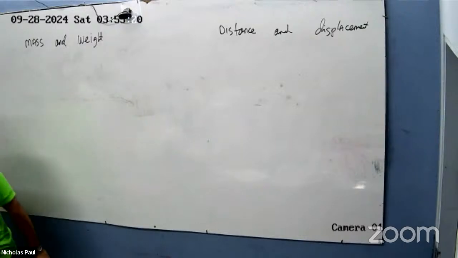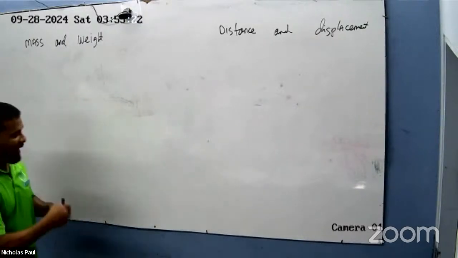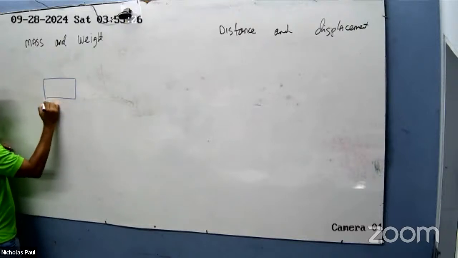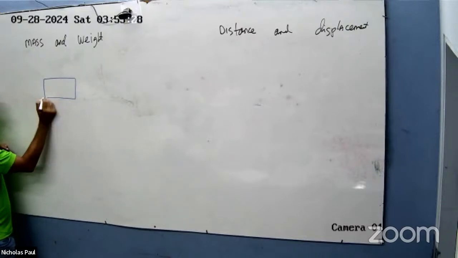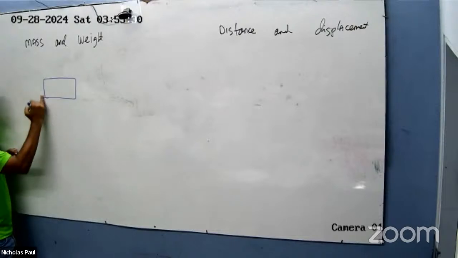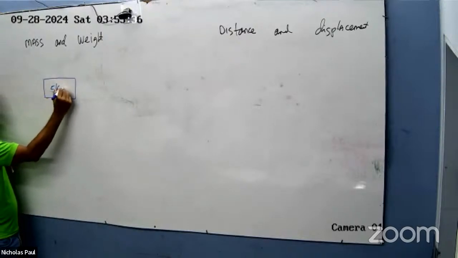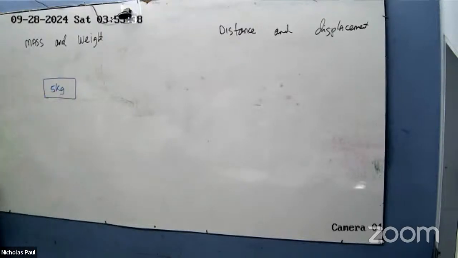So if you look here, let's say I gave you an object, and I wanted the mass for this object. Do I have to give it a direction? If I said the mass of the object is 5 kilograms, I don't have to give you any direction.